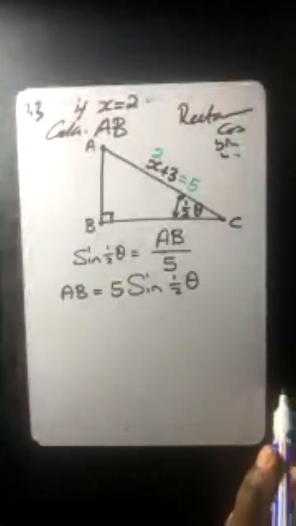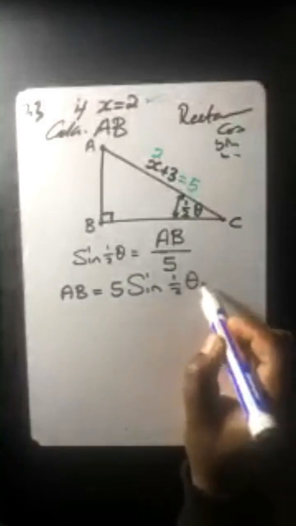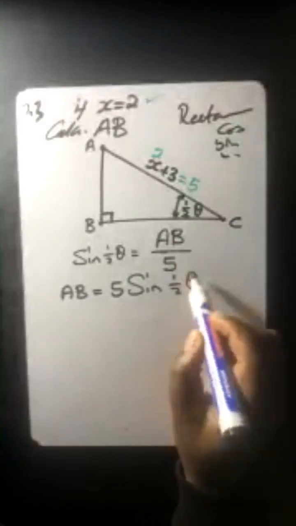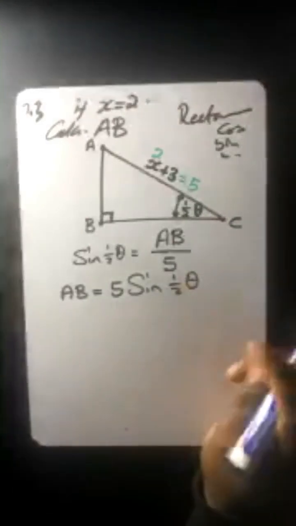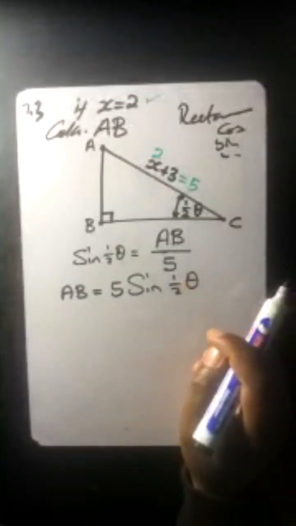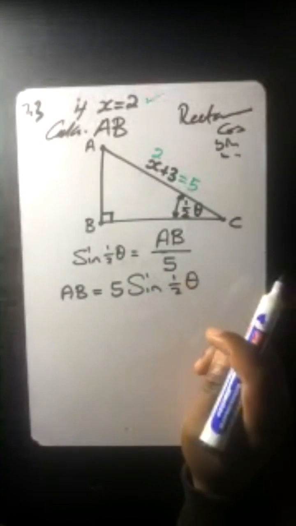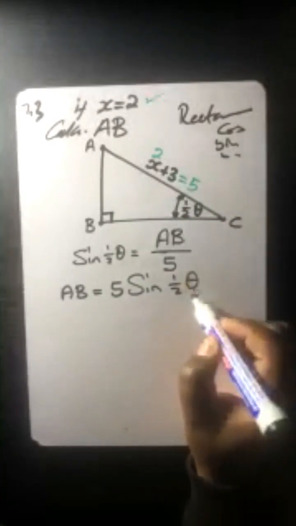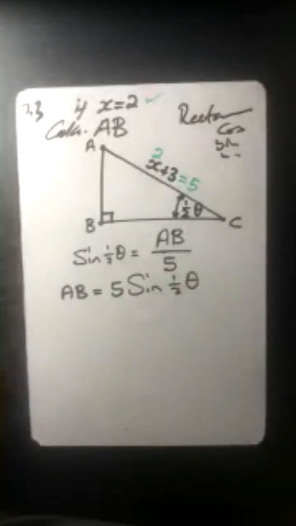But now you realize there's something which is missing, being that angle. So the question is, can we do something for us to end up knowing what that angle is? Anyone who would like to suggest something?